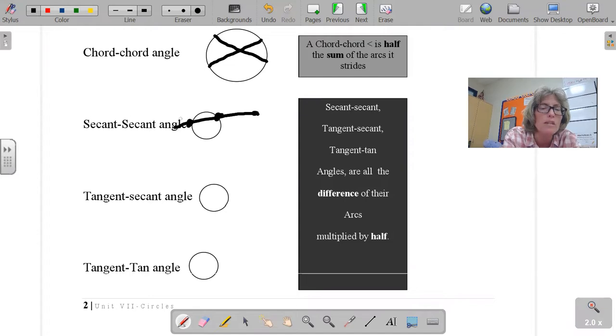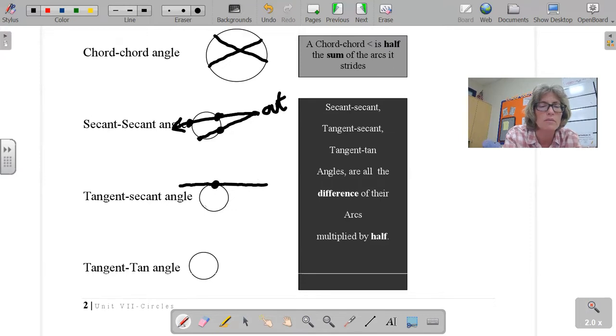So that would be an example of a secant, either as a ray or even a segment. But either way, they intersect at 2 points. That's a secant, and it starts outside the circle.